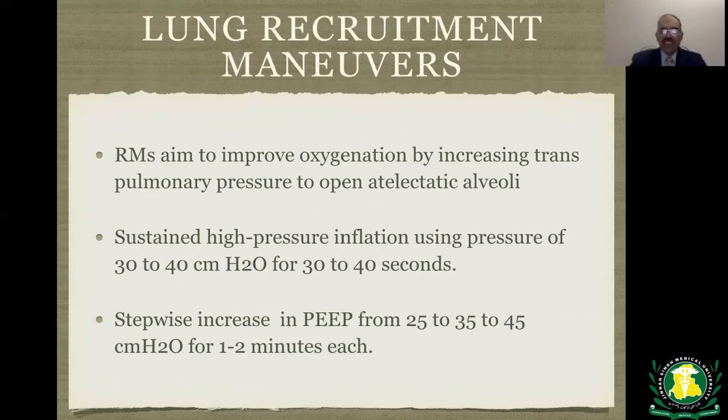Studies have shown that sustained high pressure inflation is much better than incremental methods and reduces mortality. However, both carry the risk of barotrauma and transiently dropping the blood pressure.